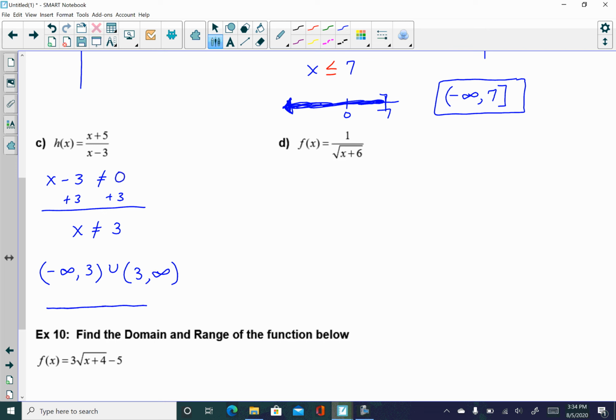It can equal anything but that. So remember back on the previous page when we did the number line, here's my positive 3. It can go to the left forever, and it can go to the right forever, but it cannot equal that 3. So that's my interval notation. If you were to put this in your calculator and graph y equals x plus 5 over x minus 3, you would need to be sure in your y equals that you put the top in parentheses divided by the bottom in parentheses.